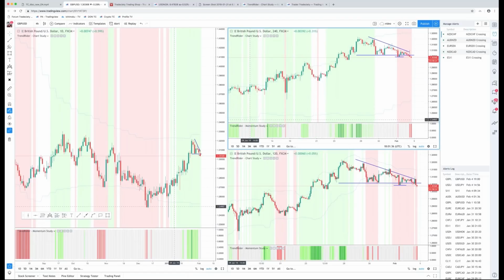I have my TradingView always split into those three charts. On the left-hand side, we have the daily, the top right is the 4-hour, and then we have the 2-hour. I don't really do multi-time frame analysis. For me at least, it doesn't work the way people think it works. I trade directly on the different time frames.